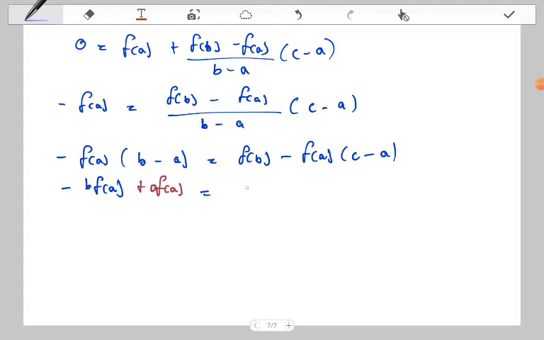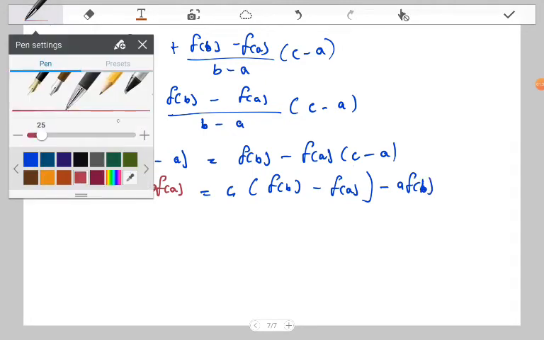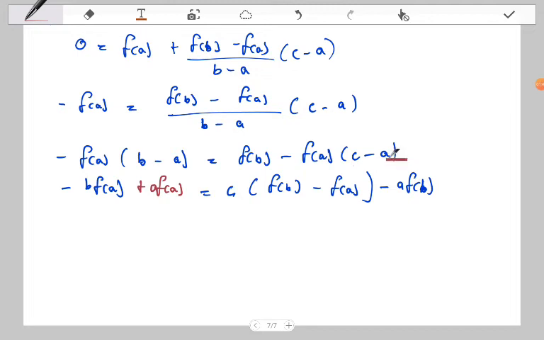You multiply this out, so you don't want to get rid of c, therefore you're going to take this and say this is the same as c times (f of b minus f of a), and this is the same as minus a times this, which is going to be minus a f of b. And one more thing is this one, this and that, which is going to be plus f of a.